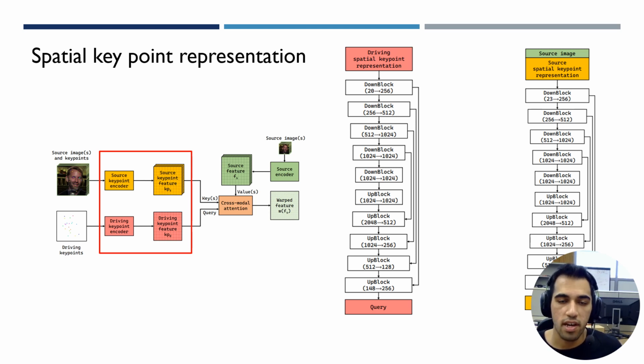The architecture of that network was a simple UNet. They also did the same thing for the frame from the driving video, but they did not add the 3-channel RGB frame from the driving video. They just used the key point representation of that image and passed that through a network, which was also a UNet.